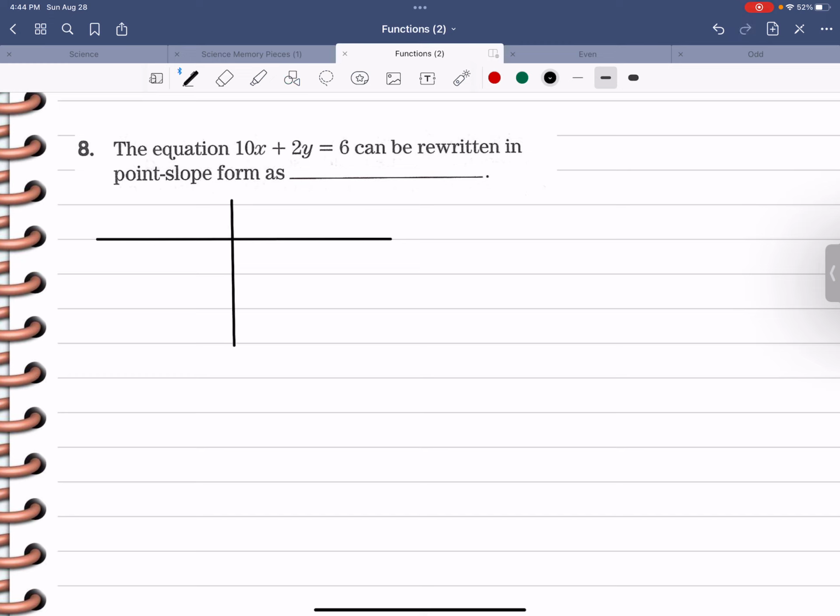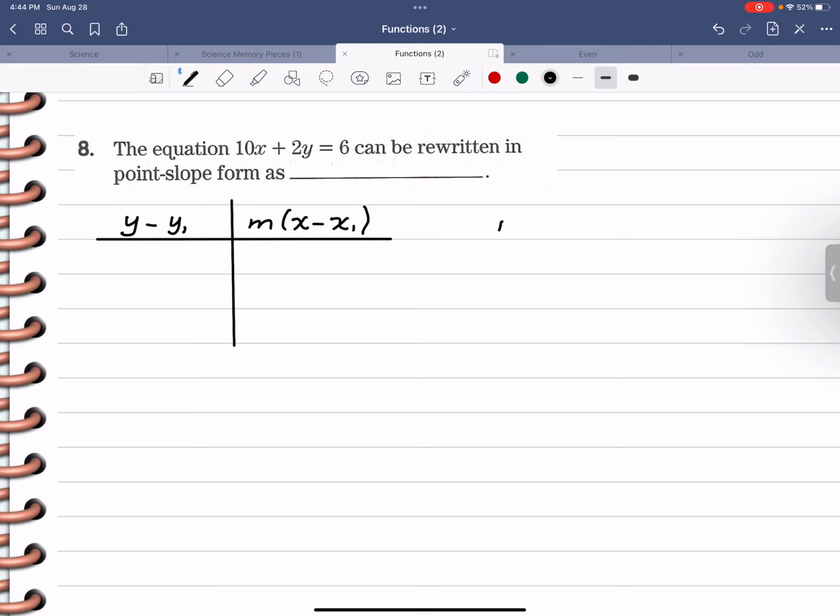That's y minus y sub 1 equals m times x minus x sub 1. This is point-slope form that we're looking for.